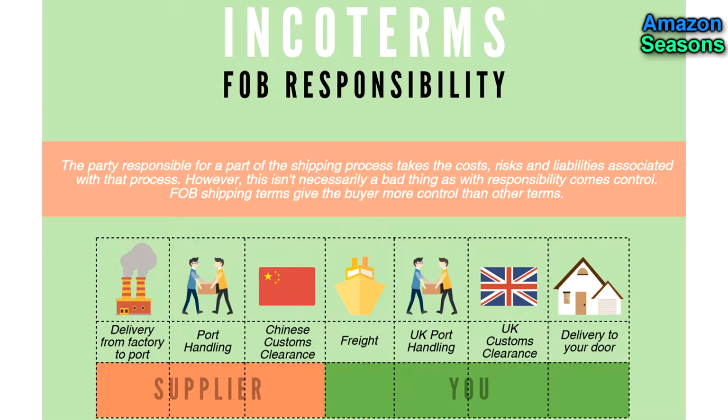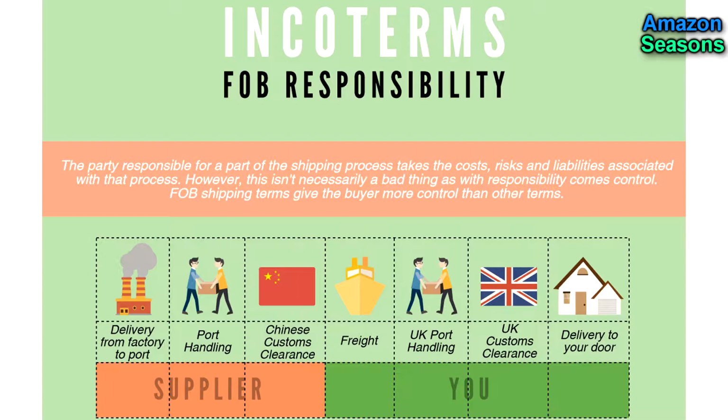So with FOB, you can see the responsibility of the supplier stops the moment the product gets past Chinese customs clearance. So what they would do is, if you have paid for FOB, your supplier will board your shipment onto the vessel for you, and the second it gets onto the dock, the responsibility then changes to you.